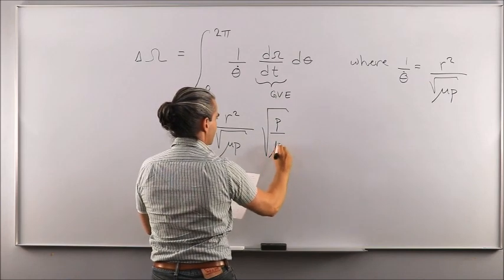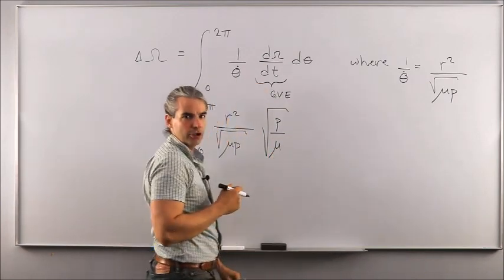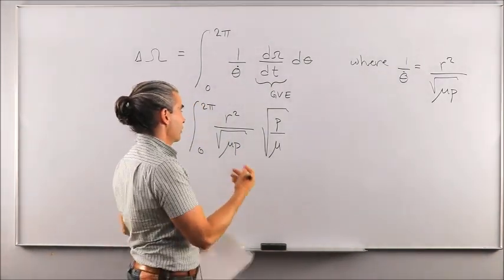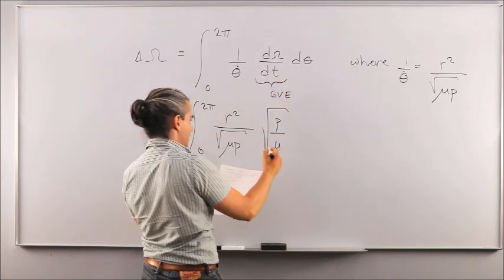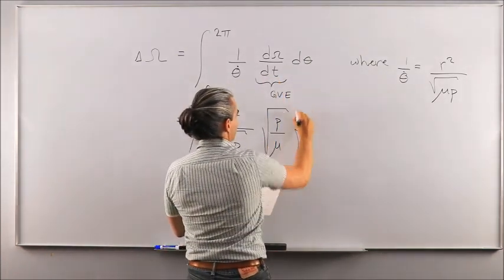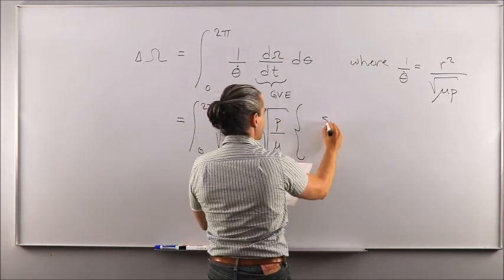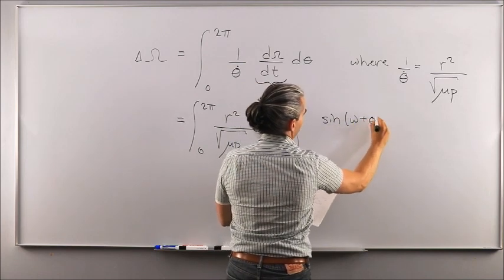All right, so those are derived for you. You don't have to rederive any Gauss variational equation every time you want to analyze the effect of perturbations on any orbital elements. You just grab the right equation from the notes and that's about it. So, square root of p over mu times sine of omega plus true anomaly.